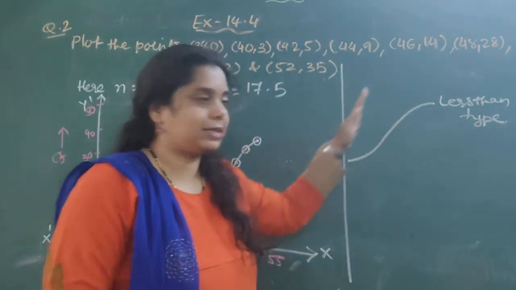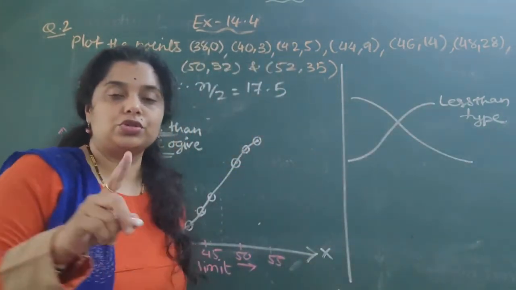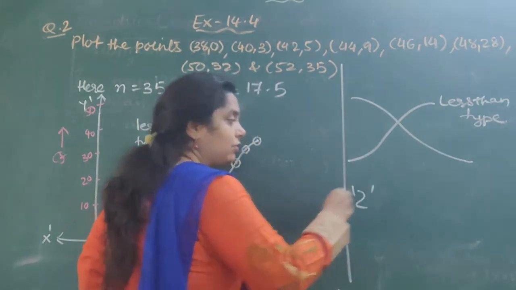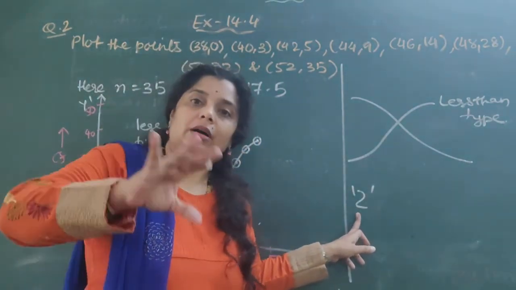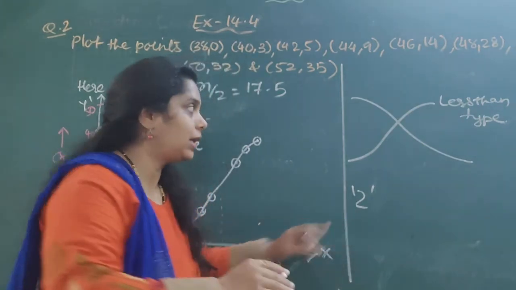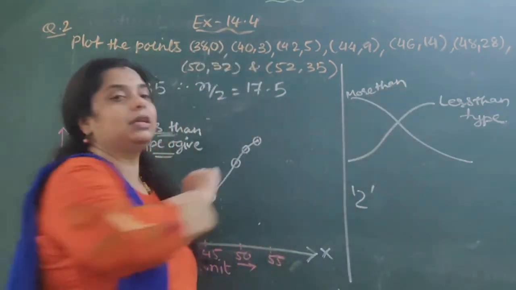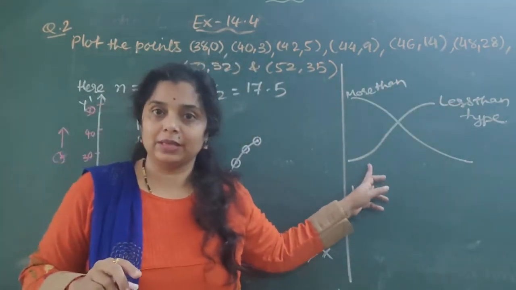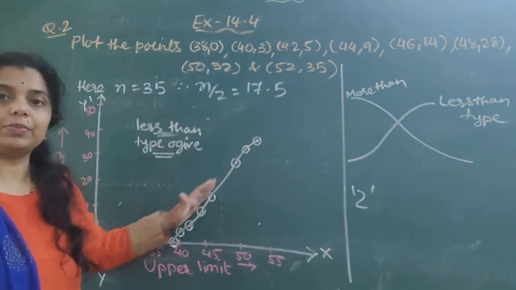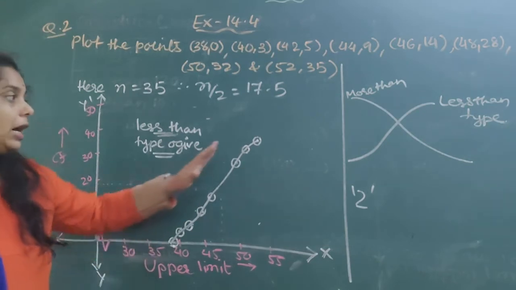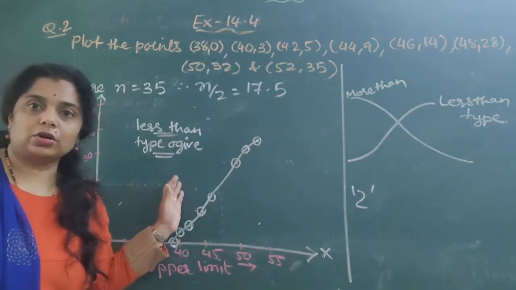It is like S for the less than type, and the more than type is like a reverse S. In Gujarati, we learn the alphabet T, or you can remember it as a reverse S. So this is the more than type and this is the less than type curve style. Is it clear? So whenever you get less than type, it must be like this. After plotting and joining the points, I will get the curve. This is not a big issue.